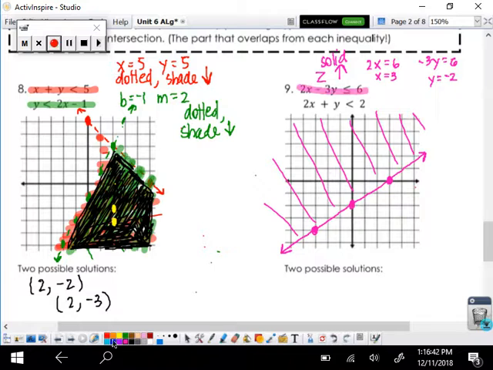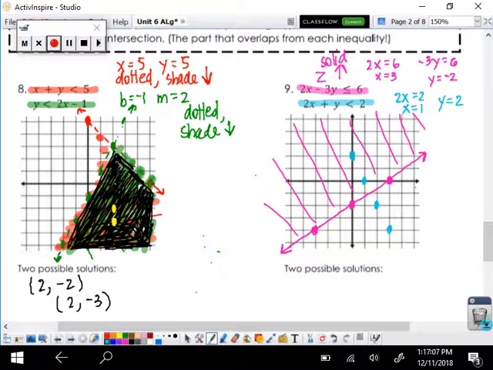And then let's go light blue. I'm going to use the cover-up method again. 2x equals 2, so x equals 1, y equals 2. So here I see my slope is down 2 to the right 1.